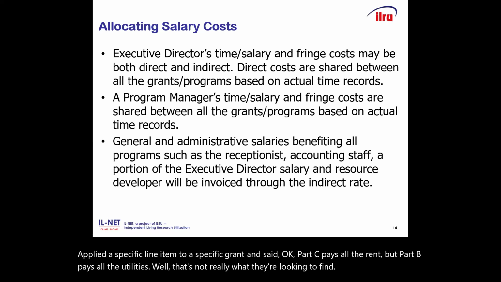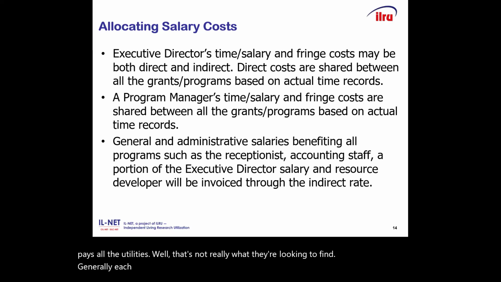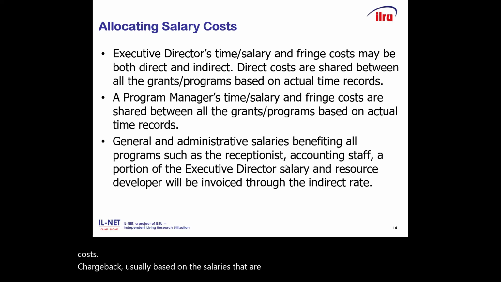Now, we'll have a little bit of a conversation at the end of this call around whether you can combine Part B and Part C. But generally, each grant is split out separately, and each one gets a percentage of those overall costs, charged back usually based on the salaries that are charged directly to that same grant.